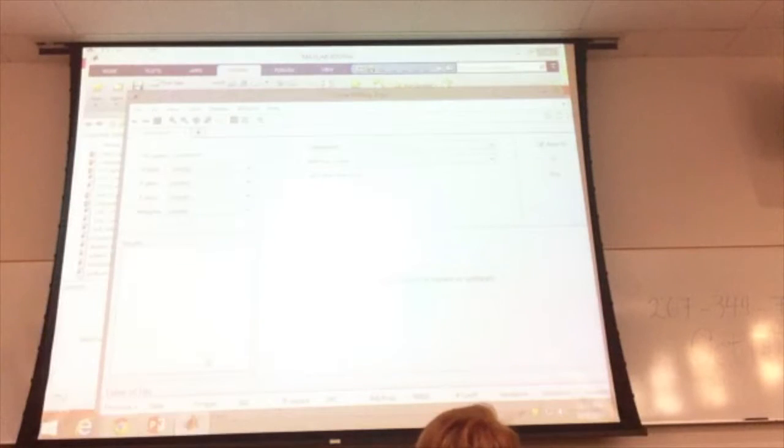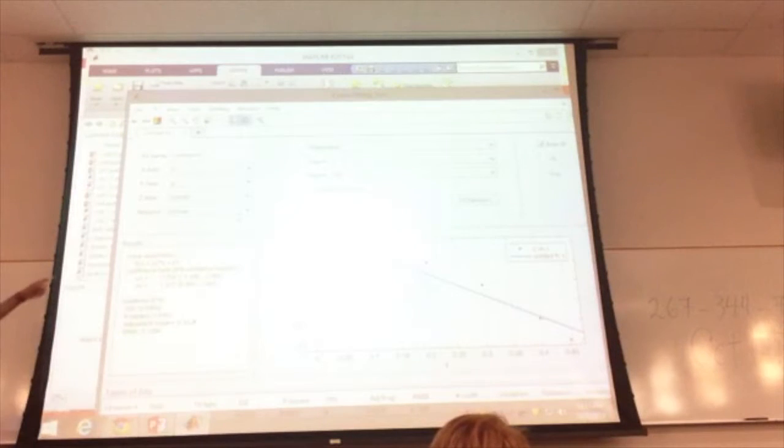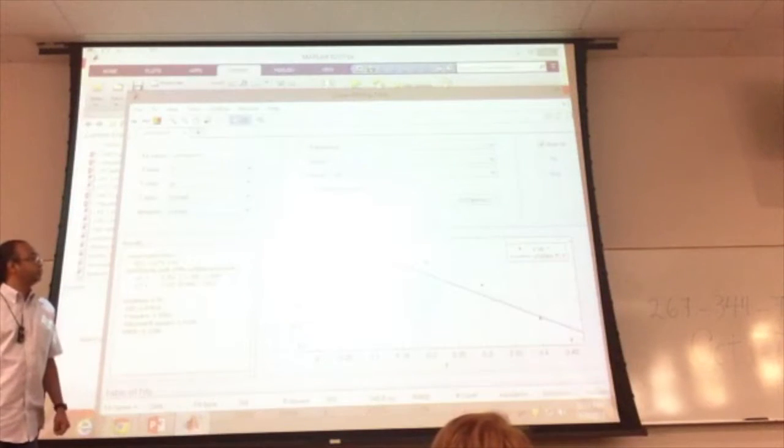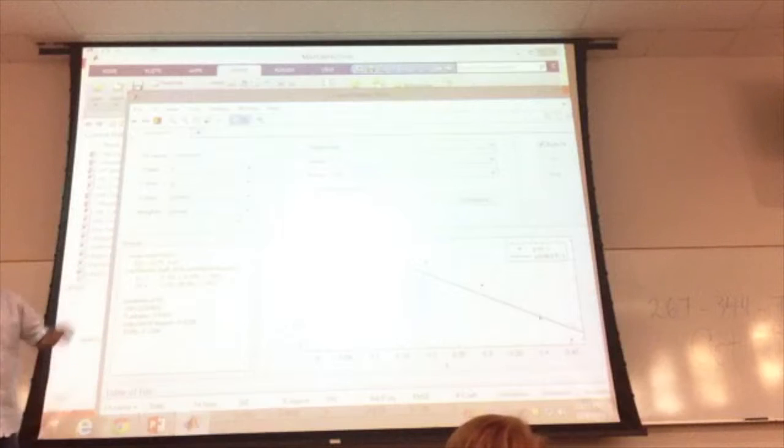Okay? And we have to import the data. So we're plotting position versus time. So on the x-axis, your variable will be time. And on the y-axis, your variable will be the position. Okay? So these 5 black dots are the 5 points. And right now, I'm fitting a polynomial of degree 1.